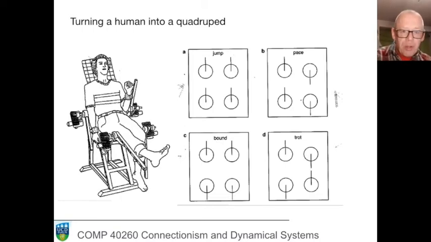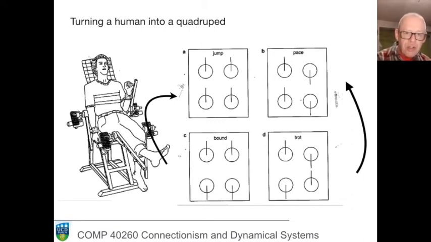Furthermore, if you prepare someone in one of these four states and then speed them up, the trot pattern switches spontaneously to the pace pattern, and the bound pattern switches spontaneously to the jump pattern. So once more, we're seeing these rate-induced changes in overall coordinative mode.